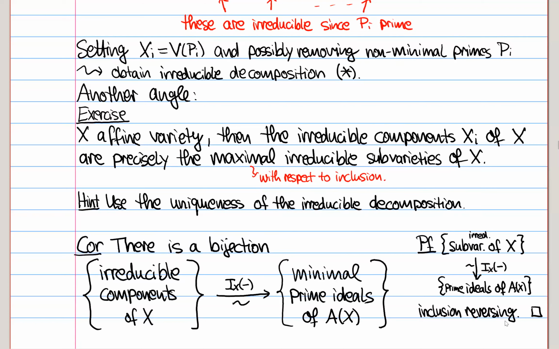And this is an inclusion reversing correspondence. And so in particular, the maximal irreducible subvarieties of X map to the minimal prime ideals. And by this exercise, the maximal irreducible subvarieties are just the irreducible components. So here we have seen when X is an affine variety, the irreducible components on the one hand can be computed from the primary decomposition of the ideal, and in terms of the coordinate ring A(X), they can be computed as the minimal prime ideals of this ring.